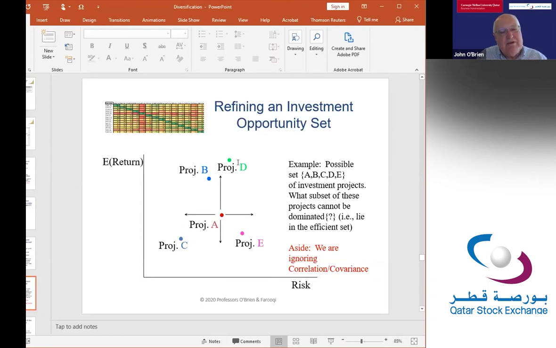So we can drop this to three projects now. But the financial markets, the stock exchange, the Qatar Stock Exchange, give us an even better set of opportunities because they allow us to trade shares in all of these projects. And if we can trade shares in all of these projects, we can even do better.